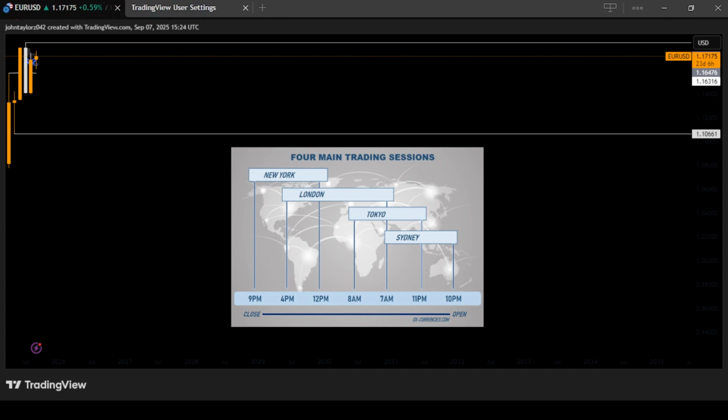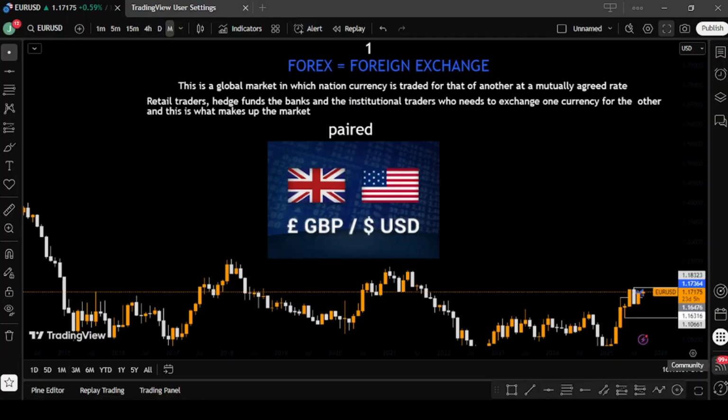These sessions have different trading times. Most of the volume happens during the London and New York sessions, because at these times the market tends to present bigger moves.